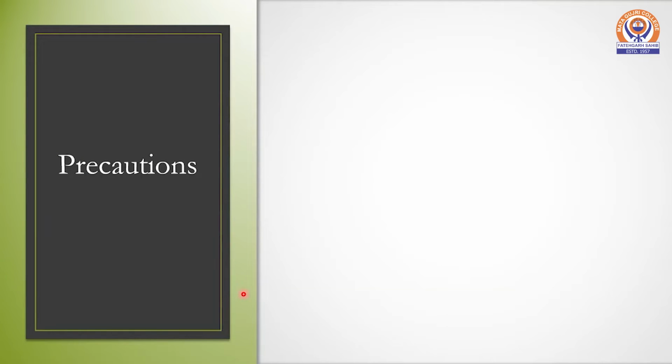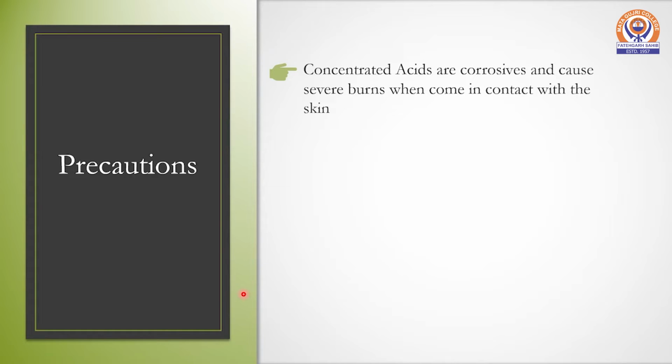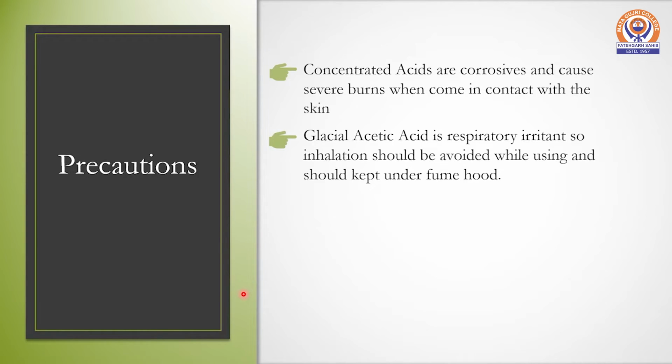The precautions to be taken while synthesizing para-nitroacetanilide involve these steps. First, concentrated acids are corrosive and cause severe burns when they come in contact with the skin. So we need to avoid direct contact with the skin.